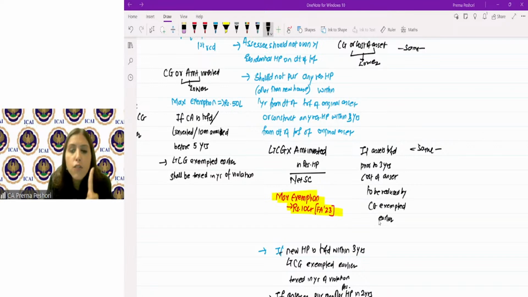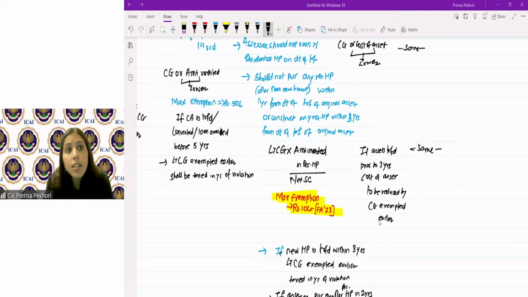Because all these sections nowhere stipulate that the entire new asset, the house property, should be solely in the name of assessee. It can be in joint name, and the assessee who contributes towards the new asset will be entitled to claim exemption under 54F. Also, in the case of 54F, what if the sale consideration is as per section 50C? Let's say the plot of land is sold. The sale consideration adopted is the stamp duty value. You will take stamp duty value on it, irrespective, that is the deemed sale consideration.